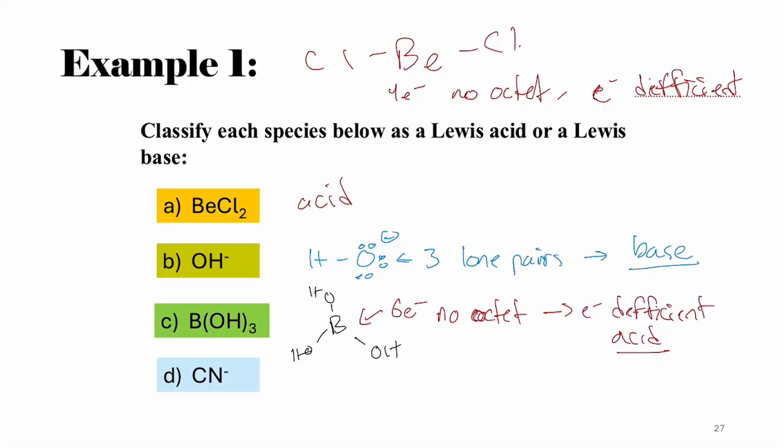What about cyanide? CN. What's the Lewis structure for cyanide look like? Does anyone know? It's going to be C triple bonded to N, with a minus charge on the carbon here.